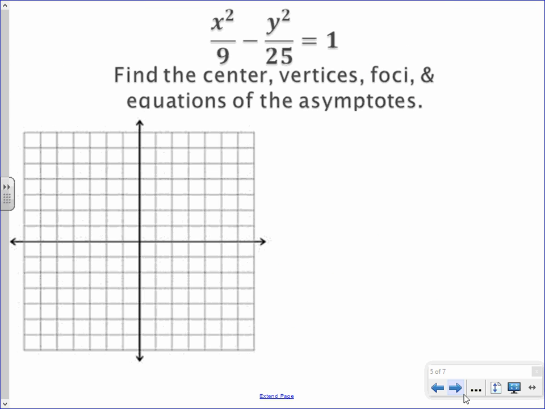Please write down this equation. Turn to your neighbor and tell them which direction you think this hyperbola opens.